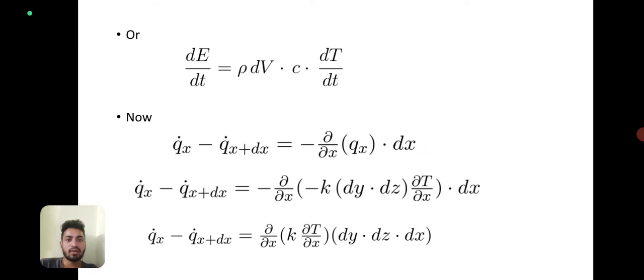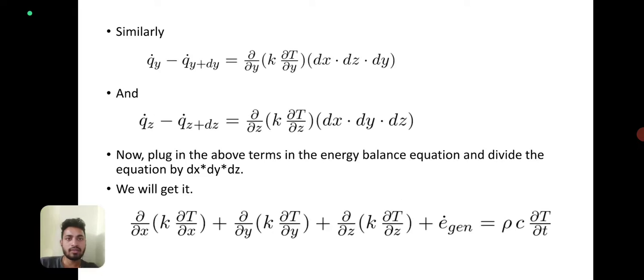So qx minus qx plus dx equal to dou by dou x into k dou T by dou x into dy into dz into dx. Similarly, qy minus qy plus dy equal to dou by dou y into k dou T by dou y into dx into dz into dy. Similarly, we can write it in z direction.